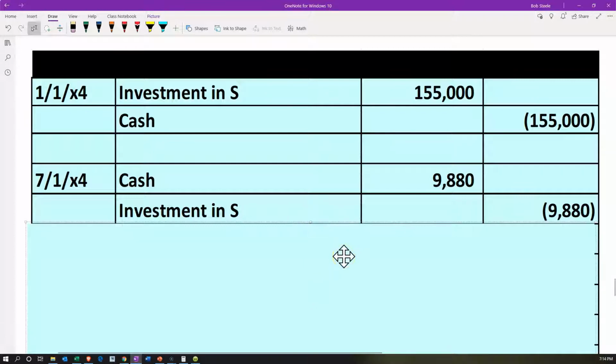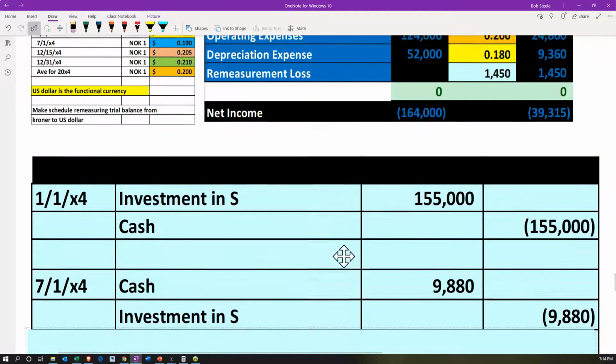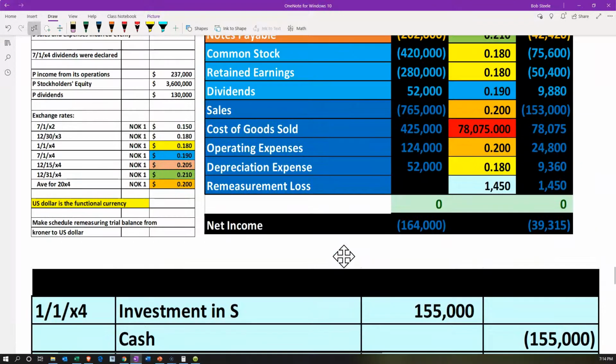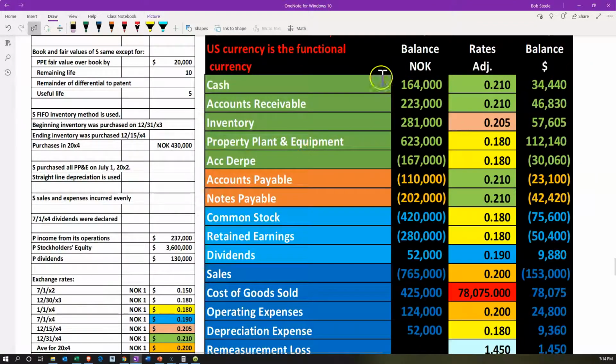Then we have the dividends, which also is somewhat straightforward. Now that we have done the calculation, we have the dividends from the subsidiary. This was the dividends in foreign currency, which we have now remeasured to the 9880. We're the parent company. We own 100% now. And so we might have gotten the dividends in foreign currency. If we got them in foreign currency, then we would debit the foreign currency units. We'd say, hey, look, we got foreign currency units.